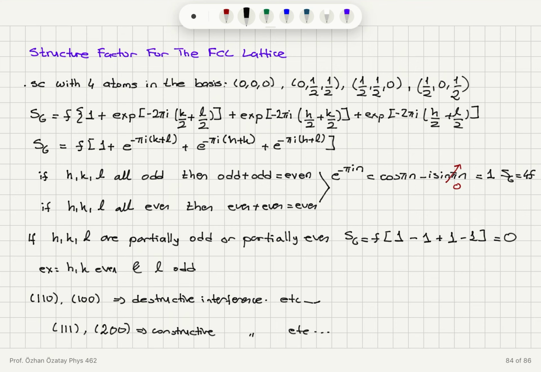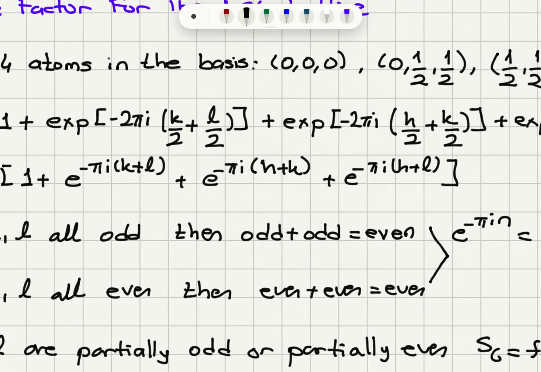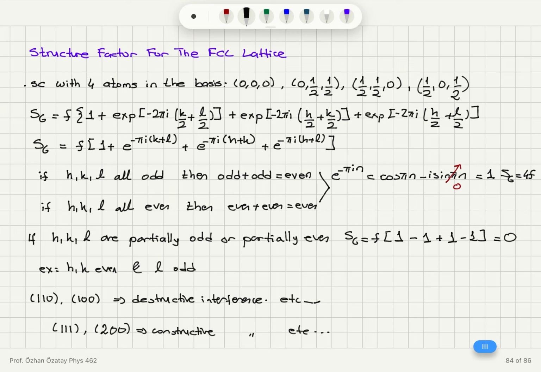So in summary, I find that the geometrical structure factor is f times 1 plus e to the minus i pi (k plus l), e to the minus i pi (h plus k), e to the minus i pi (h plus l). Now I have to see what can happen in this scenario.